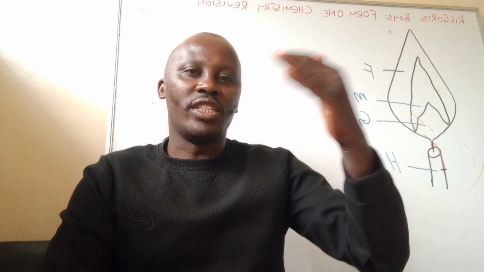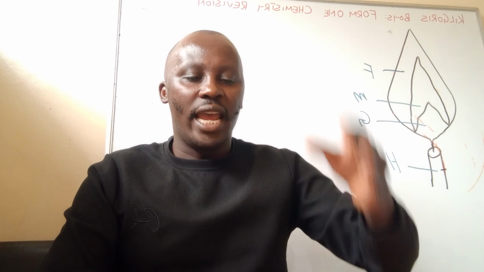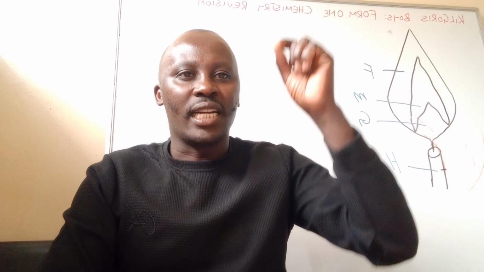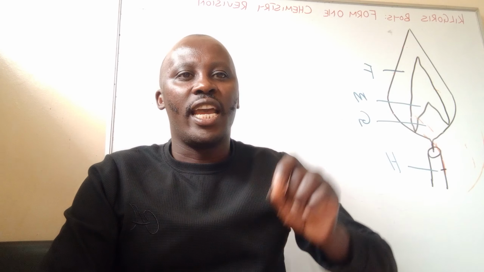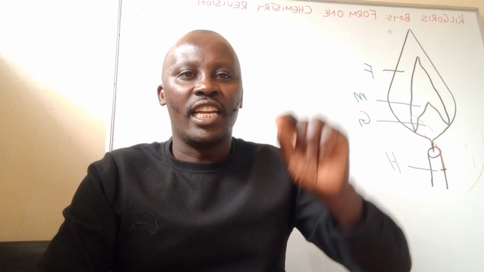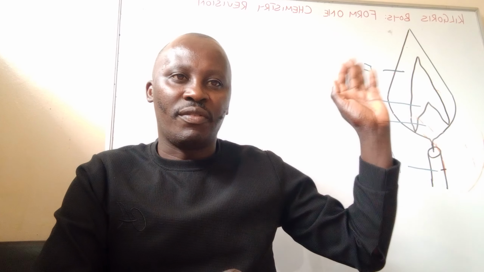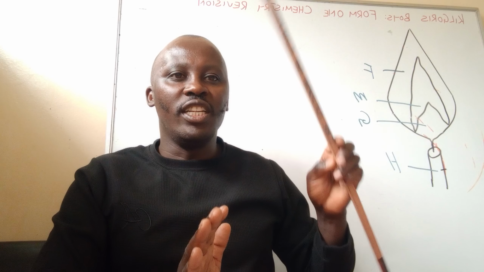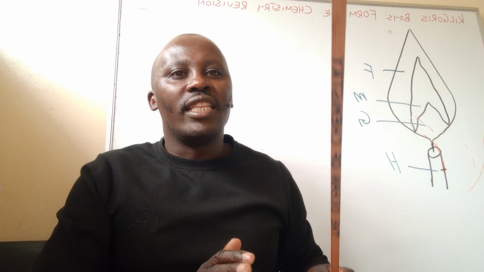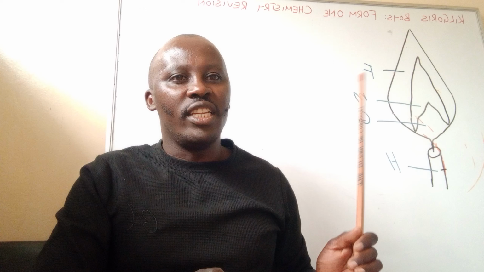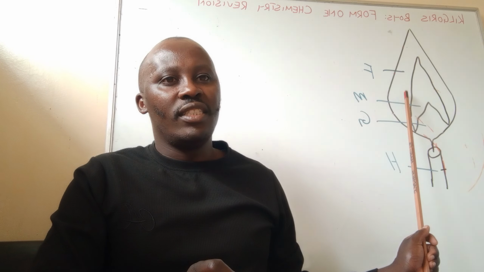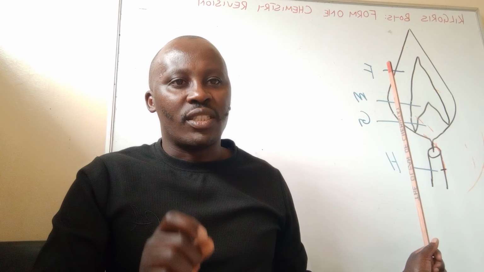This question was asking in part A to name the parts labeled F, M, G, and H. You should know which type of flame this is. For instance, this one here is a non-luminous flame.